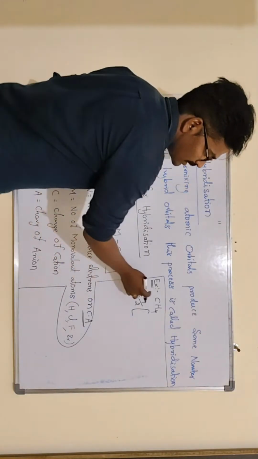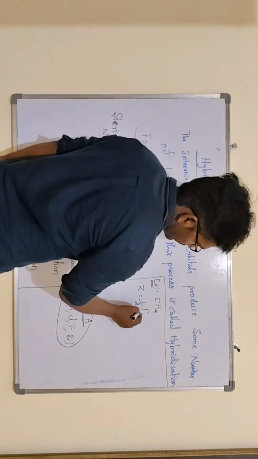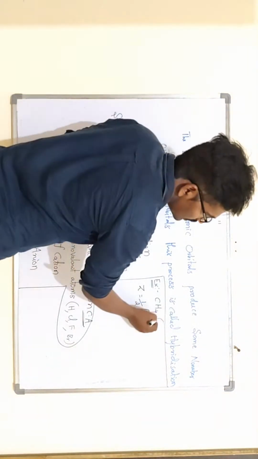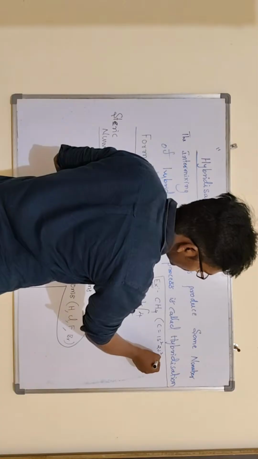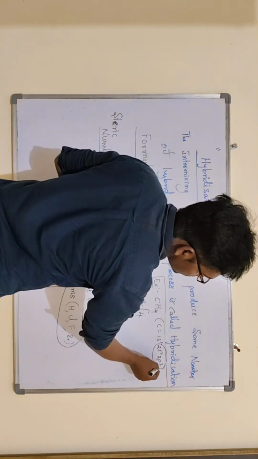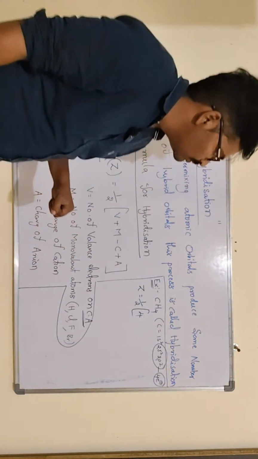For carbon, how many? 4. How do you find it? The carbon electronic configuration is 1s2, 2s2, 2p2. The electrons in the last shell, the valence shell, are the valence electrons. These are the 4 electrons.